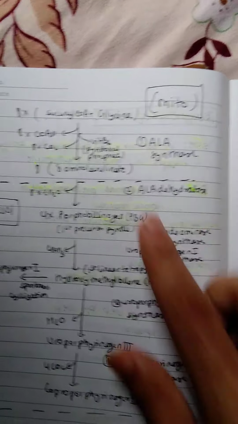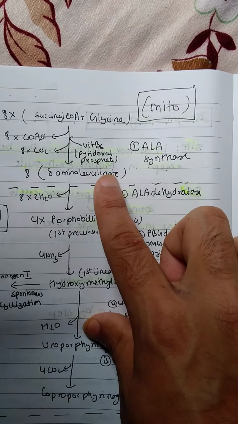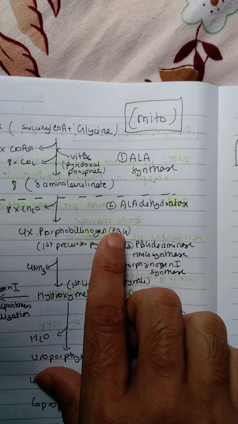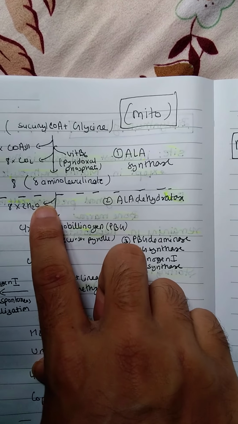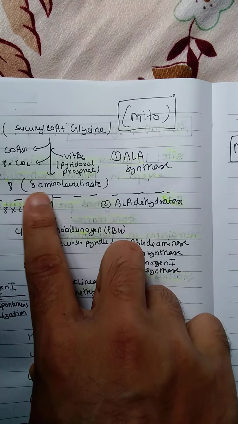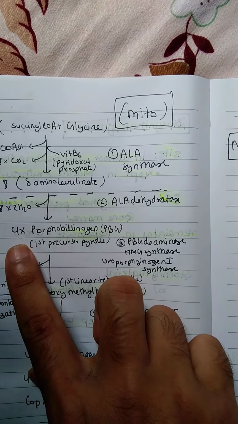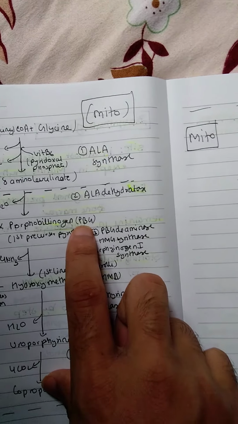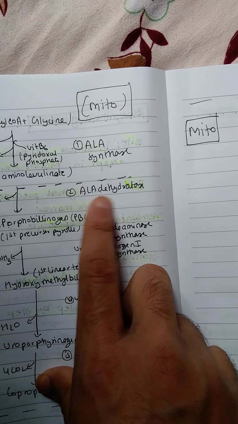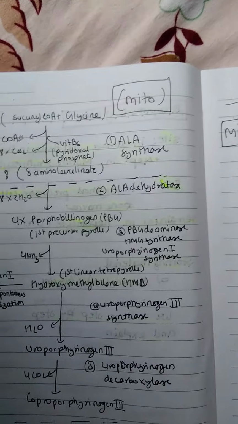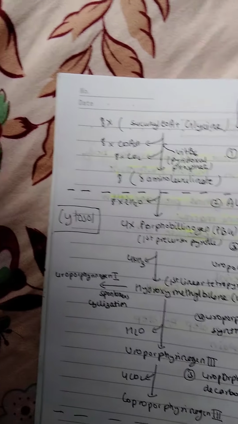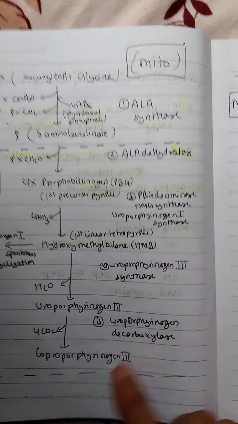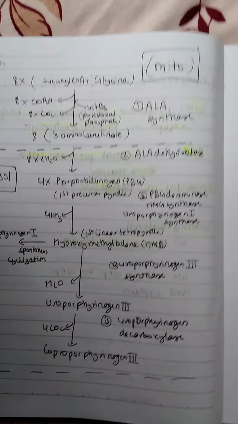Now 2 molecules of delta ALA are condensed to form 1 molecule of porphobilinogen and 2 molecules of water. So 8 molecules of delta ALA will form 4 molecules of porphobilinogen, also known as PBG, and this step is catalyzed by the enzyme ALA dehydratase. This occurs in cytoplasm. Most of the steps until the formation of coproporphyrinogen 3 occur in cytoplasm.